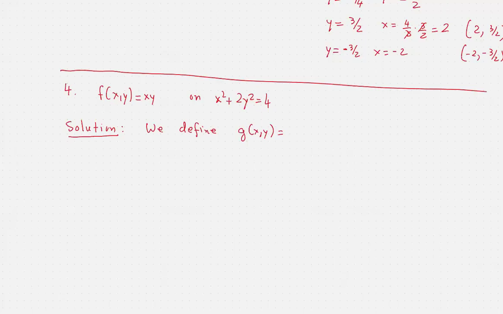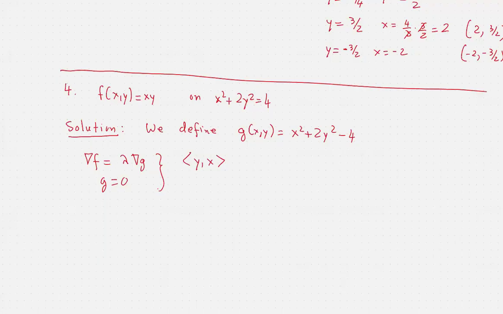And the system becomes gradient of f is lambda times the gradient of g, and g should be 0. Again, this can be written as y comma x, that's the gradient of f. Remember, you keep each of the other variables constant when you differentiate with each variable.